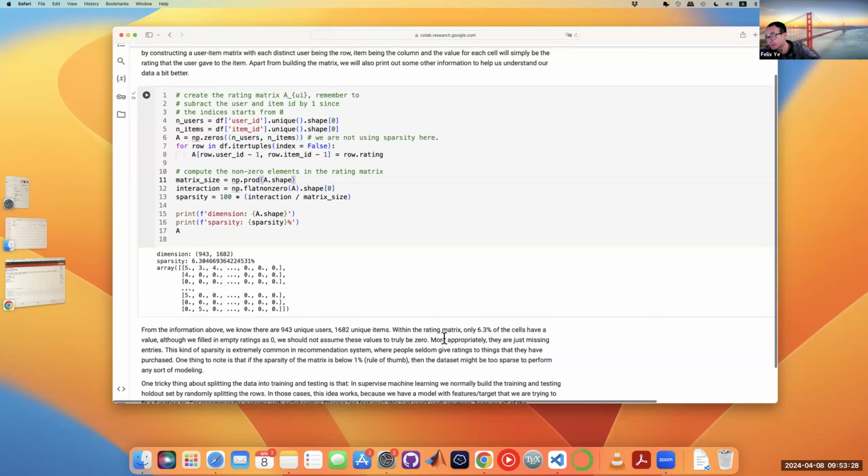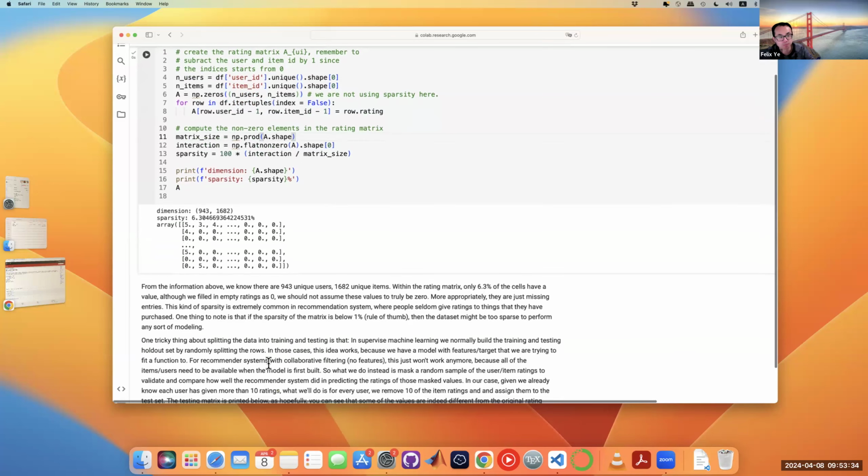That means in the rating matrix, only 6.3% of cells have a value. We simply fill the empty ratings with zero, but we shouldn't assume these values are truly zero. It just means we have missing values, which by default we treat as zero.